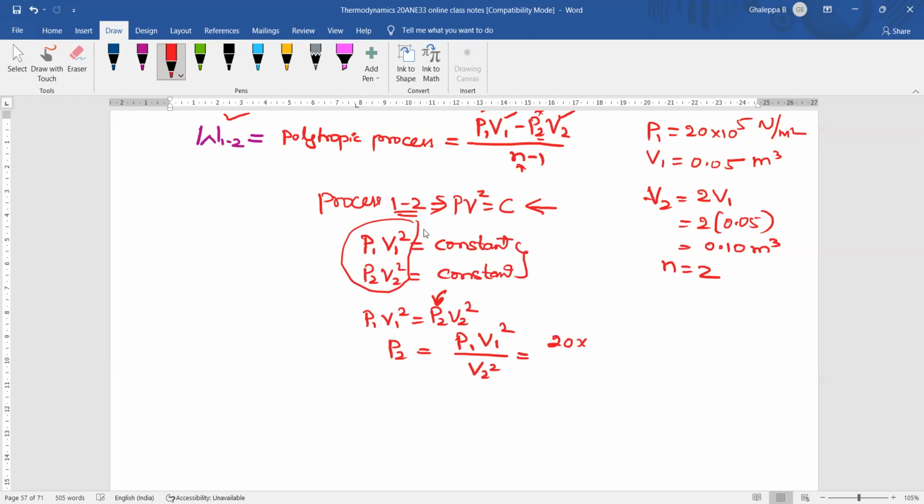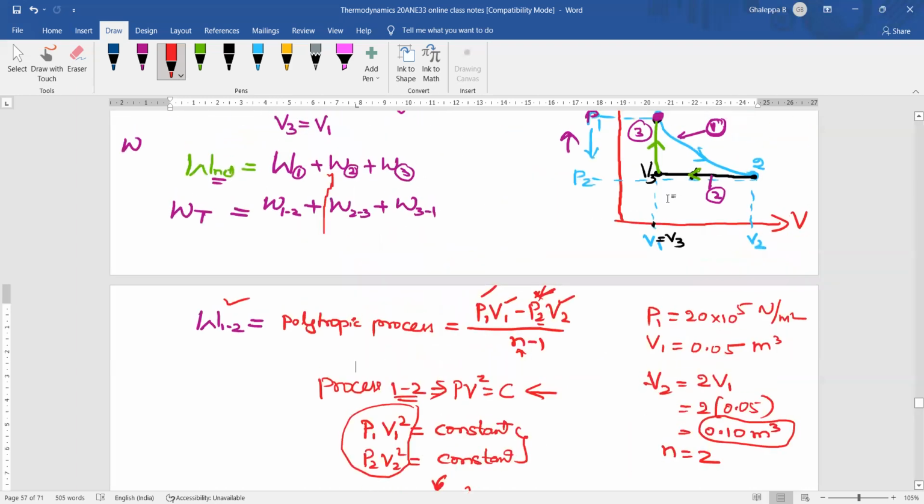Substitute the value of P1, V1 also you substitute, divided by V2, which is 0.10, and it is squared. Some students in a hurry will forget to do the square. So P2 is equal to so much.